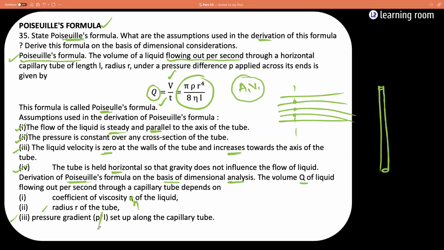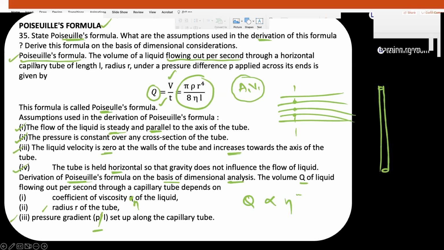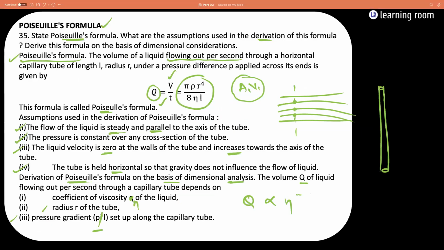It is actually P divided by L. Then you can say that Q is directly proportional to eta power A, R power B, and P by L to the power C. Again, for rate of flow of liquid, you need to write the volume flowing per unit time. So volume is L cube and time is T minus 1.